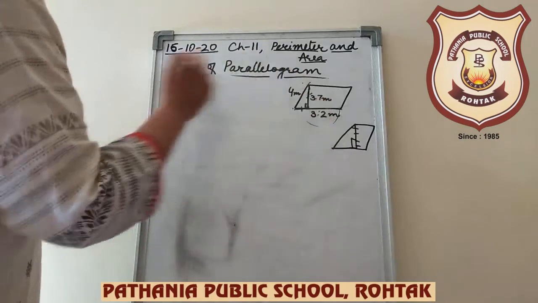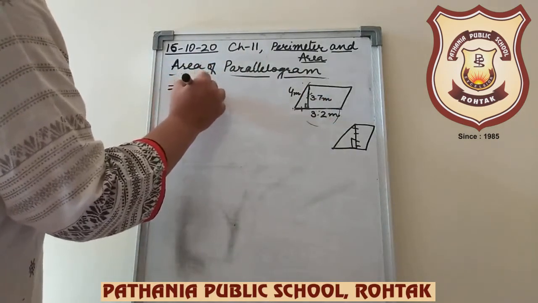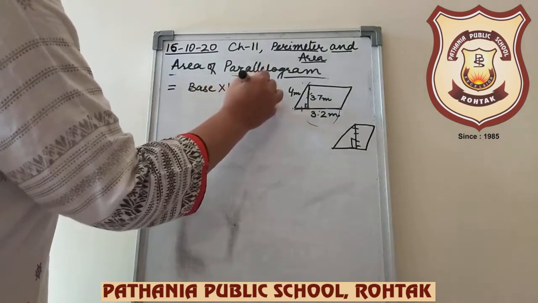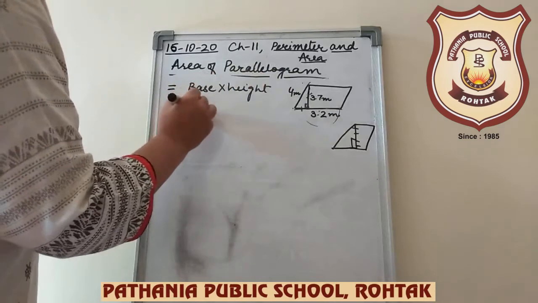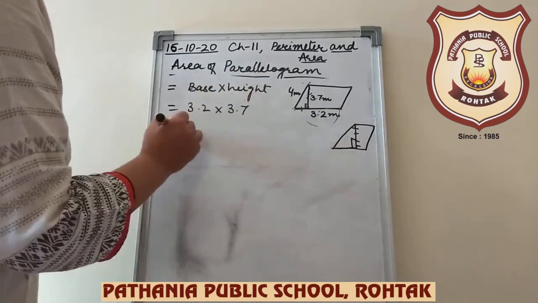So now what is the formula? Area of parallelogram is equal to base multiplied by height. Base is 3.2 and height is 3.7.